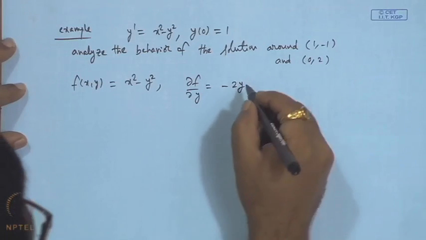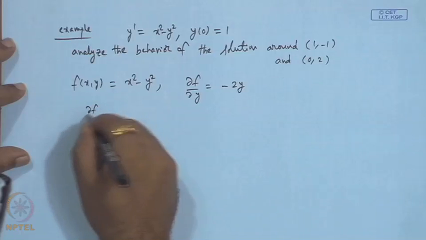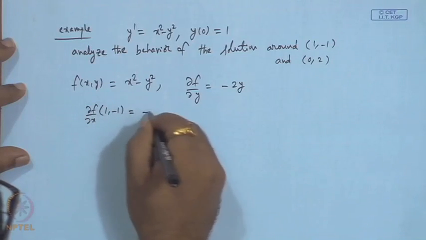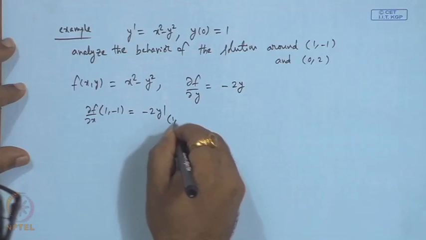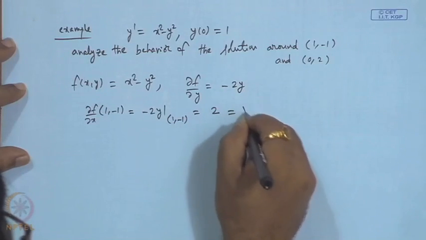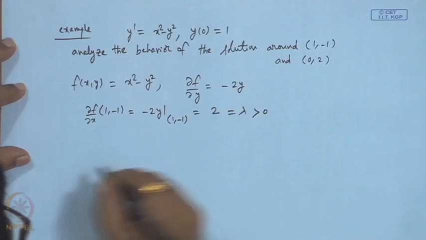Now, dou f by dou y at 1, minus 1 will be minus 2 y at 1, minus 1. So, that will be 2, which is lambda positive.